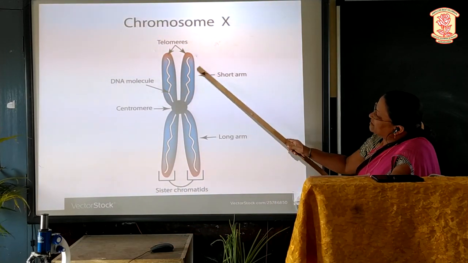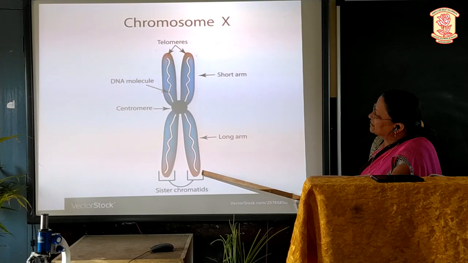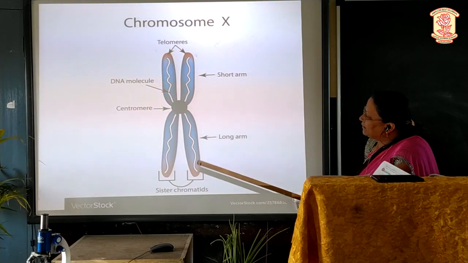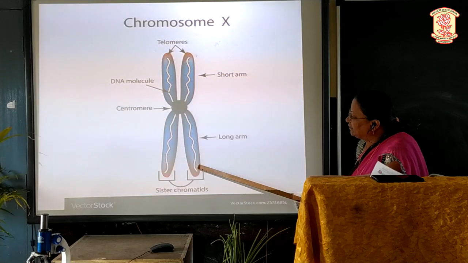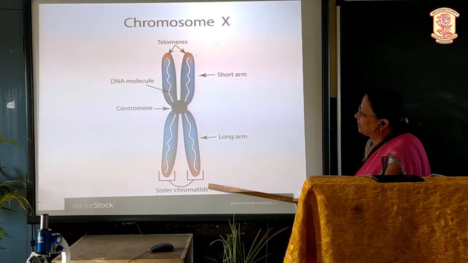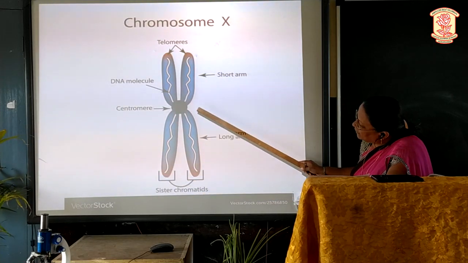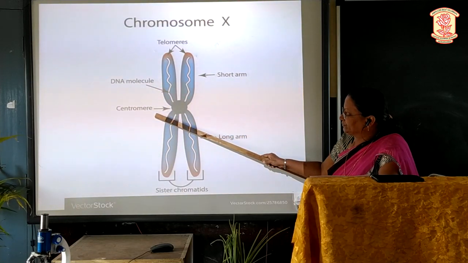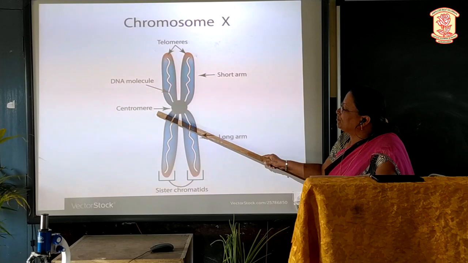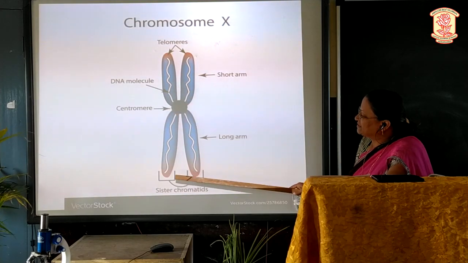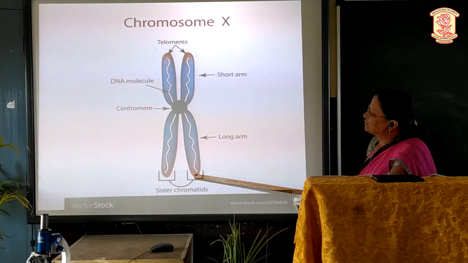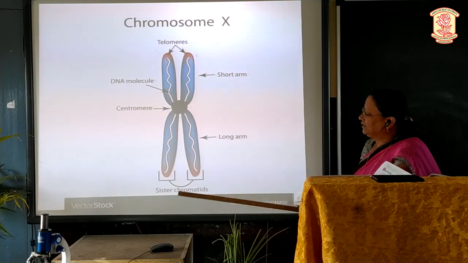The chromosome is an X-like structure which has a short arm and a long arm, and these two arms are called the sister chromatids. The middle groove over here is called the centromere. You have to keep in mind what the centromere and sister chromatids are, because these are the two main parts which will help us in the cell division.